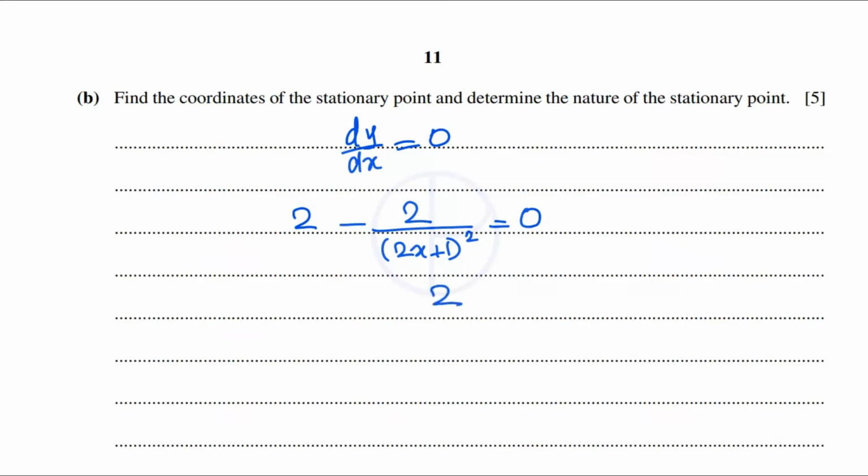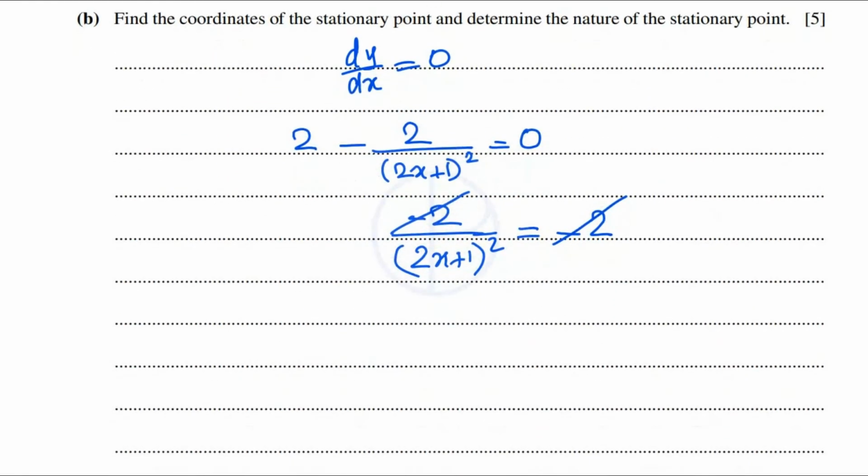This can be written as 2 divided by 2x plus 1 the whole square equal to 2. So 2 and 2 get cancelled. So we can write 2x plus 1 the whole square equal to 1.